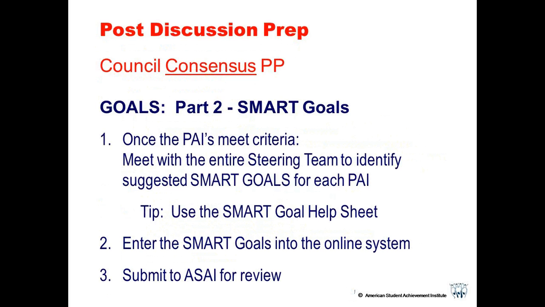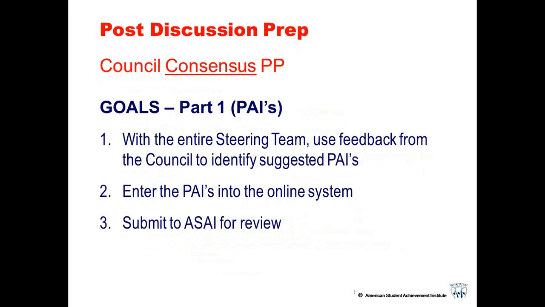This time we're going to include the entire steering team in coming up with suggested goals, and it's a 3-part process. The first part is to identify the broad priority areas for improvement, or the PAIs. So with the entire steering team, using feedback from the council, you're going to identify suggested PAIs.